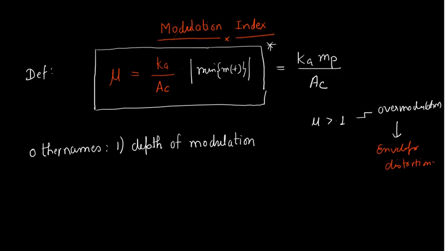So this is the definition which we have just studied. The modulation index is k_a by A_c times the absolute value of min of m(t), and if mu is greater than 1, we call it overmodulation, and it gives rise to envelope distortion. There is one other name for mu: we also call it the depth of modulation. Okay, so thank you.